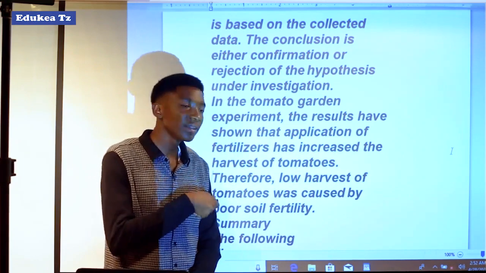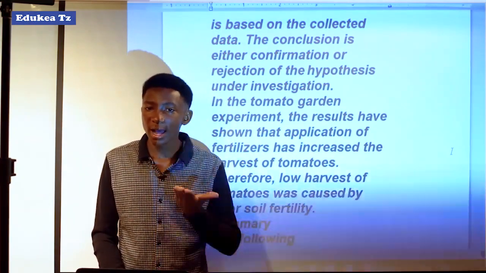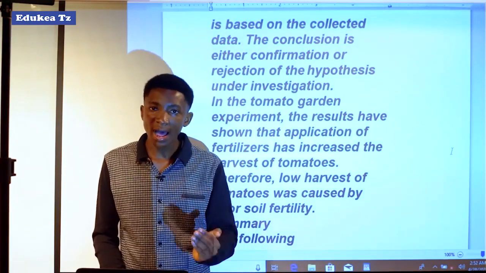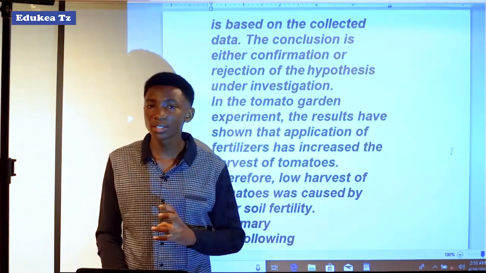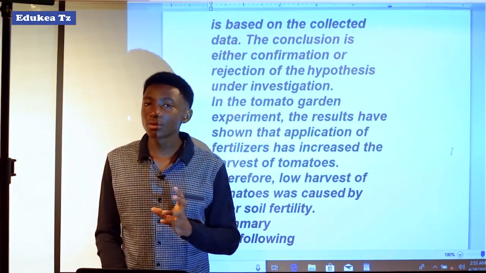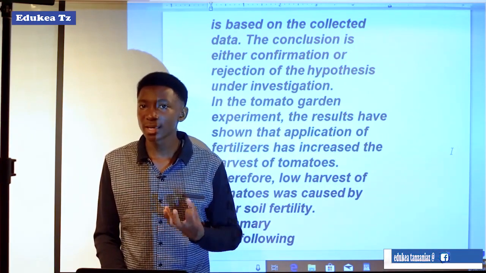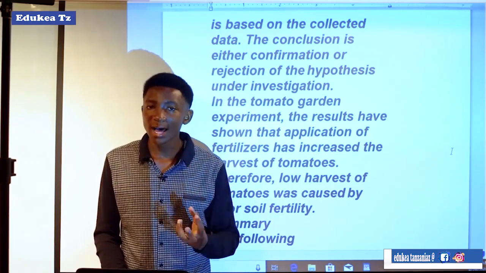So after knowing the problem identification, we come to formulate the hypothesis, and after formulating the hypothesis, it is taken to the experiment, and the experiment is done.